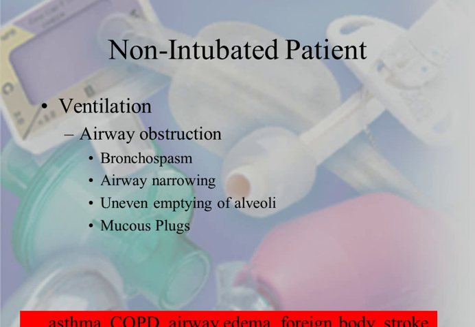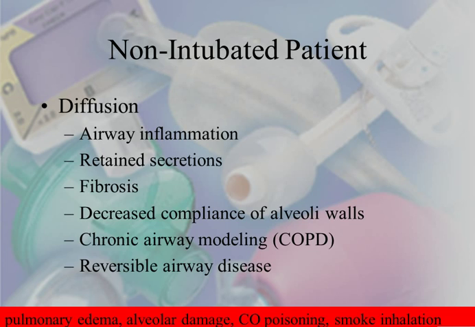So for the non-intubated patient, ventilation airway obstruction could be a bronchospasm, any kind of airway narrowing, any uneven emptying of the alveoli, or any kind of mucus plugs. Asthma, COPD, airway edema, foreign body, and stroke are all things we're looking for in airway obstructions.